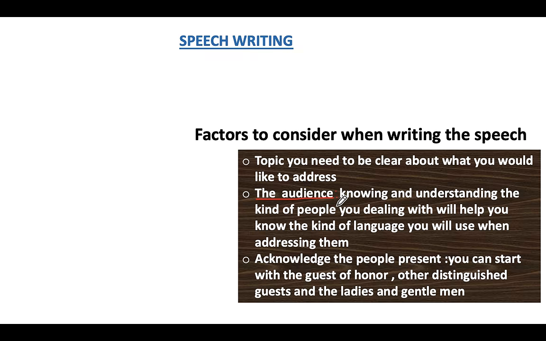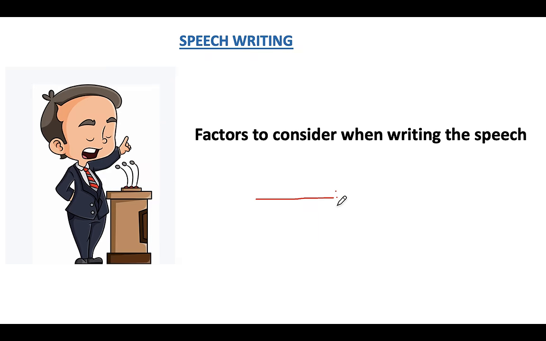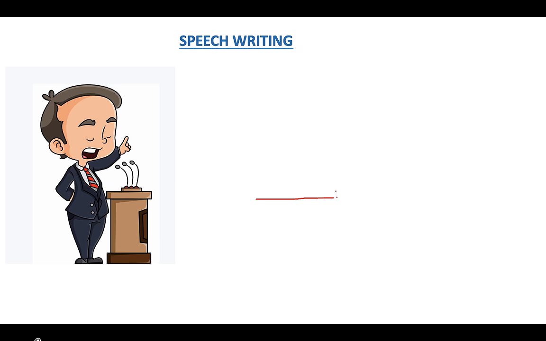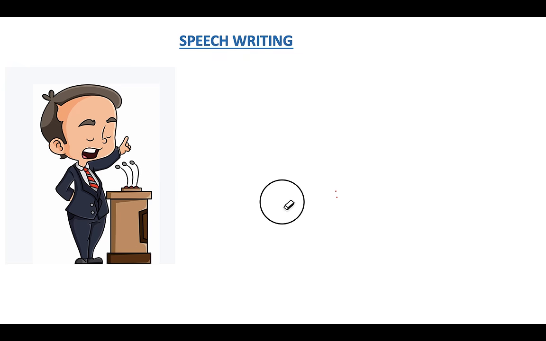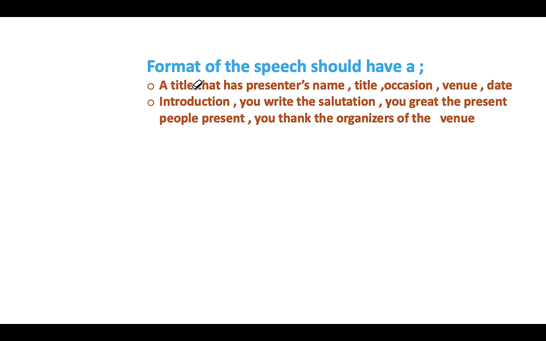And then on the other side, we have to also put into consideration certain things, the factors to consider when you're writing a speech. You have to consider the format of the speech.